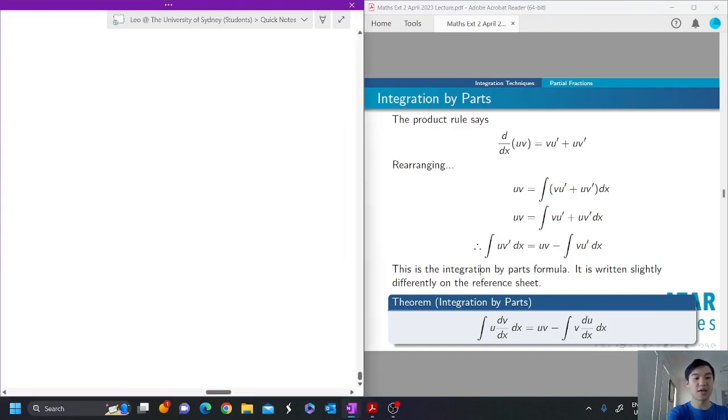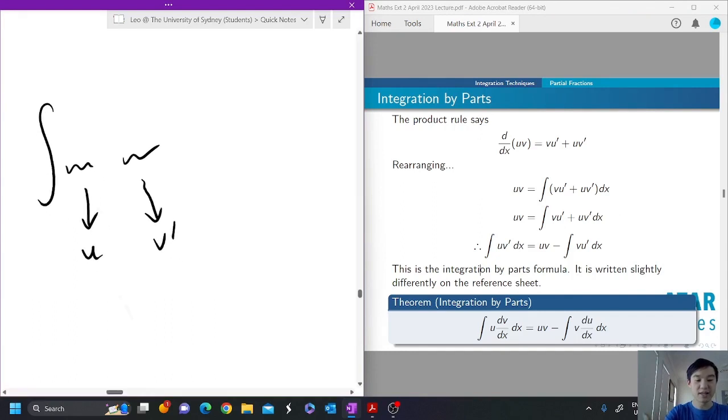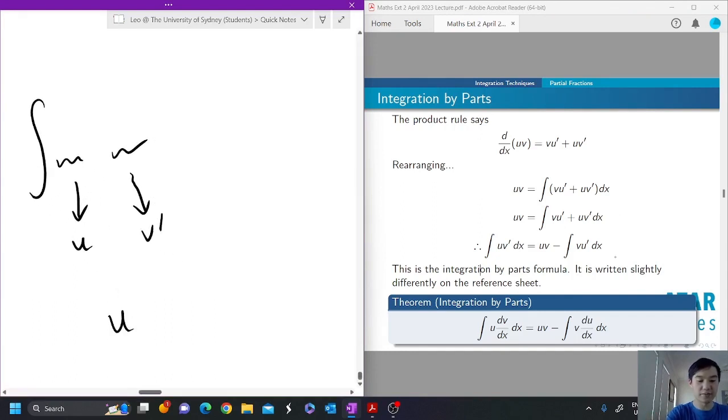So if you have an integral of two things, you just want to figure out which one is u and which one is v dash. Then afterwards you can say that this is the same thing as uv minus the integral of v u dash.